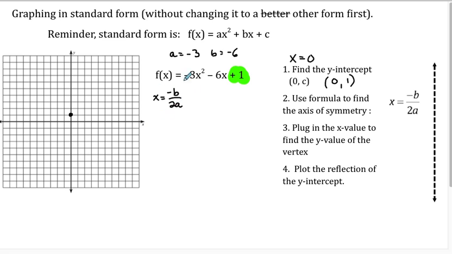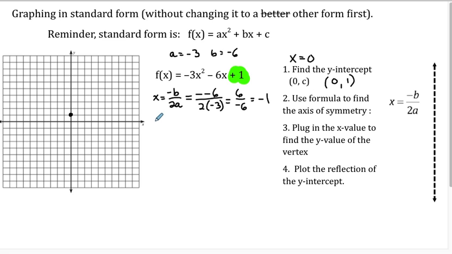Because the axis of symmetry line is found basically where the radical part of the quadratic formula is 0, I'm just going to be able to plug in these values. So x is equal to negative b, which is negative negative 6, and a is equal to negative 3, so that's over 2 times negative 3. That gives me the value positive 6 over negative 6, or negative 1.